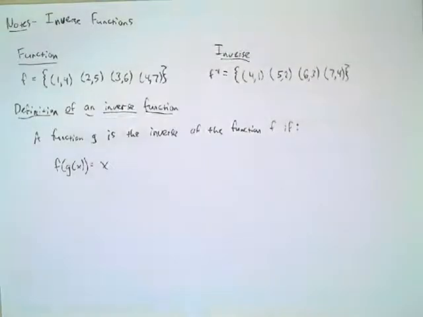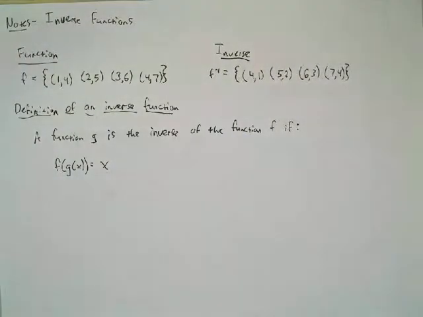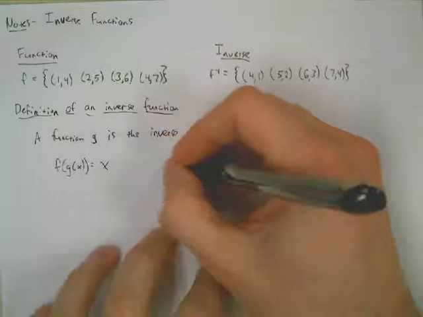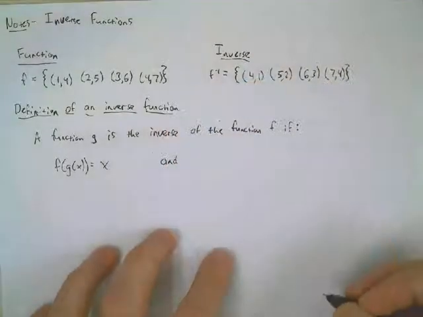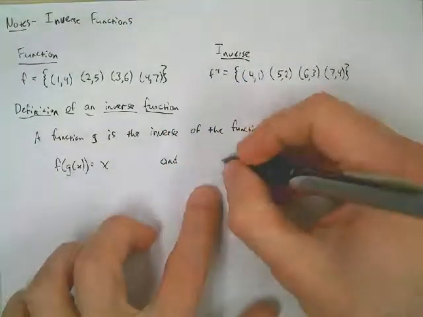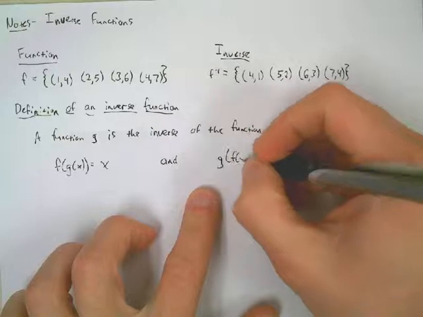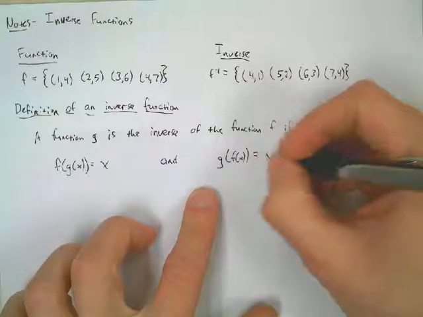So what that means is you take g, you plug it into f, and if it simplifies down to just x, then that's part of it, but there's a second part. This also must be true: g of f of x also must equal x.